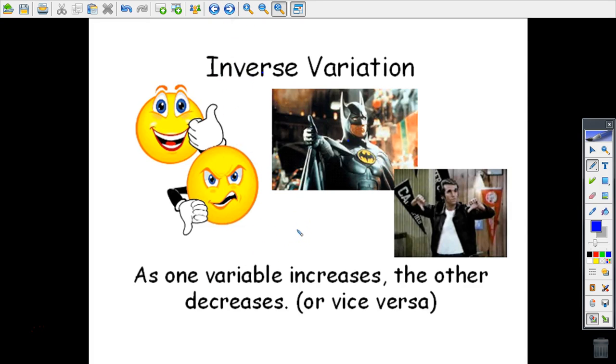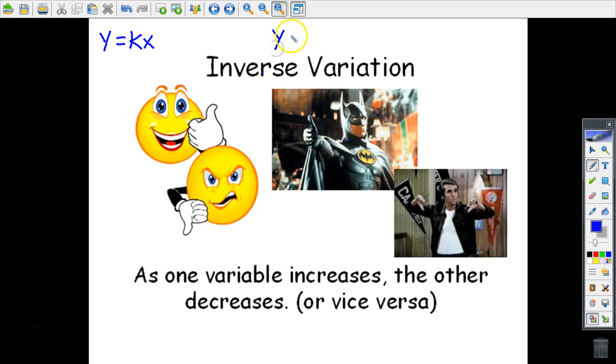Well, how do we contrast that with inverse variation? I hope you're thinking that the word inverse implies opposite. And so if direct variation involved the operation of multiplication, some constant times this quantity, causing these two quantities to move together, well, inverse variation will be just the opposite of that.